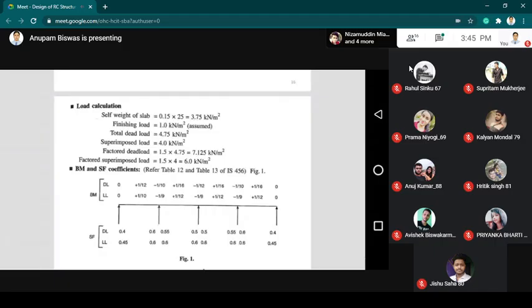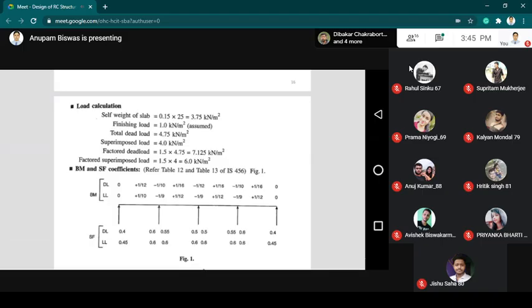And again for the interior support condition, it should be minus 1 by 12 for dead load and minus 1 by 9 for live load. And similarly for shear force, the coefficient values should be 0.5 and 0.6 respectively.